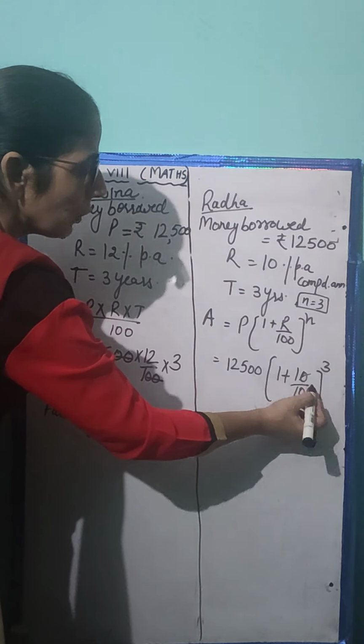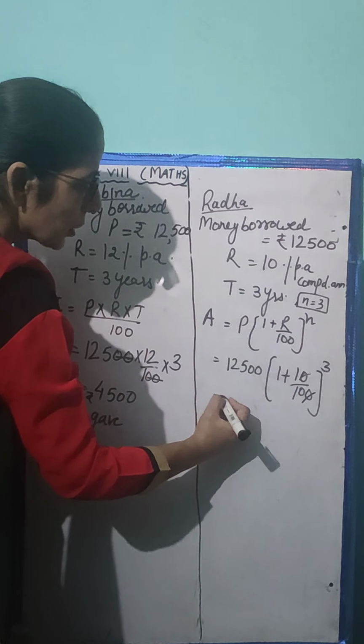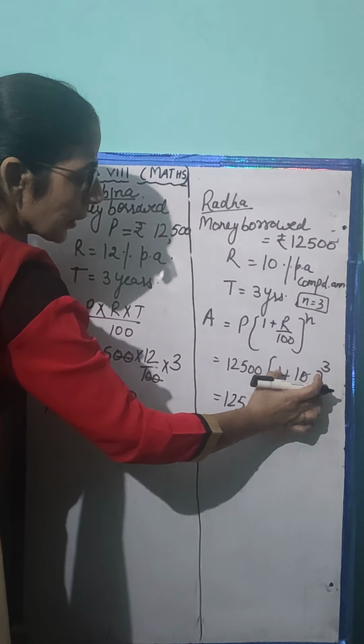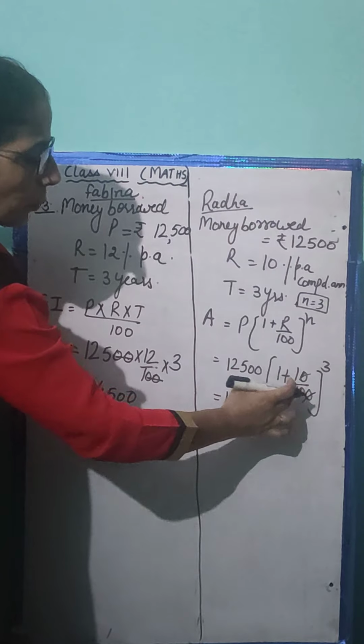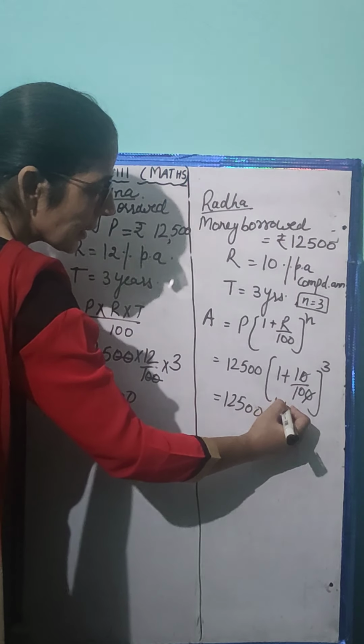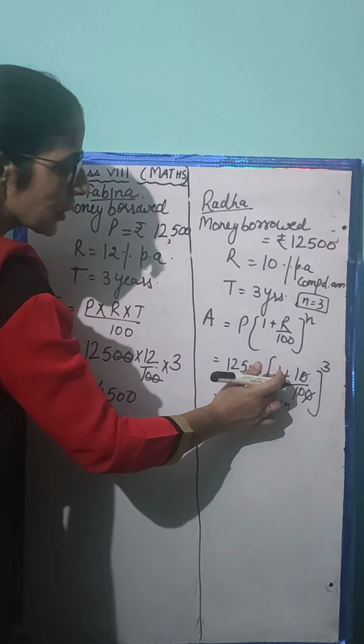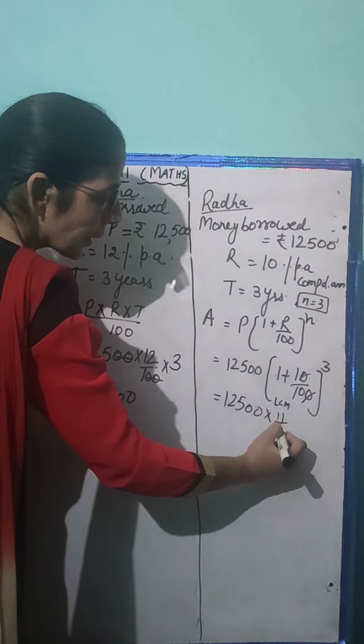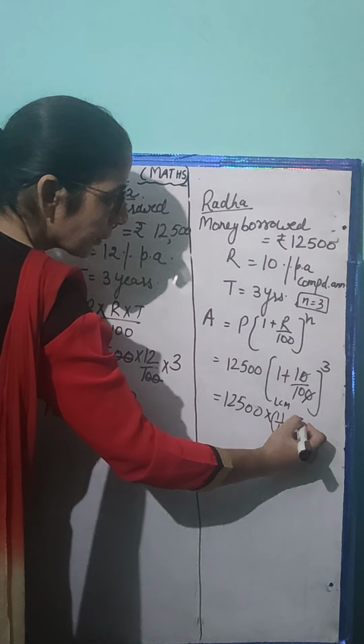This 0 will cancel with this 0. 12,500, and in this it is 1 plus 1 by 10. I take the LCM in this step only: 10 ones are 10, plus 1, 11 by 10. 11 by 10 whole raised to power 3.